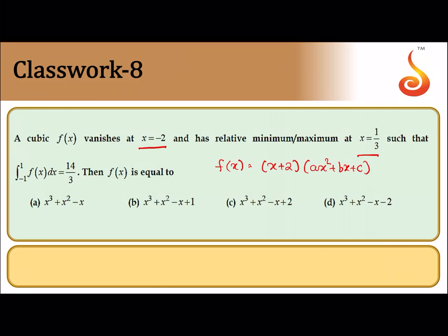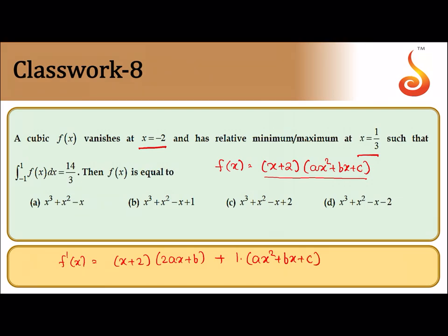Whenever we talk about a cubic equation, since x equal to minus 2 is a root, we can write f(x) is equal to (x plus 2) into (ax square plus bx plus c), because the cubic vanishes at x equal to minus 2, so x plus 2 is one of the factors.